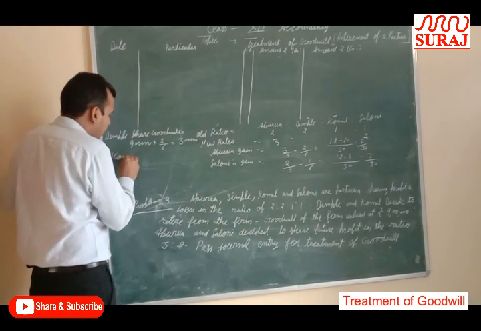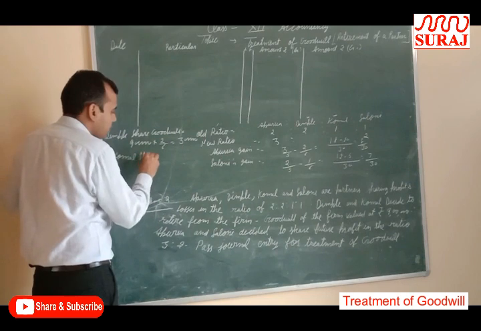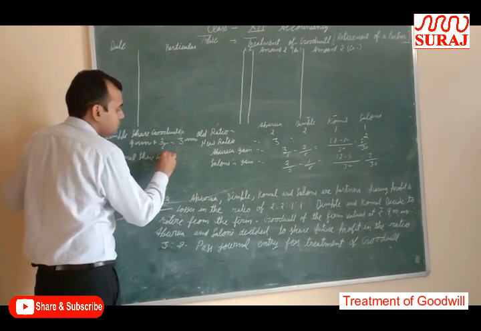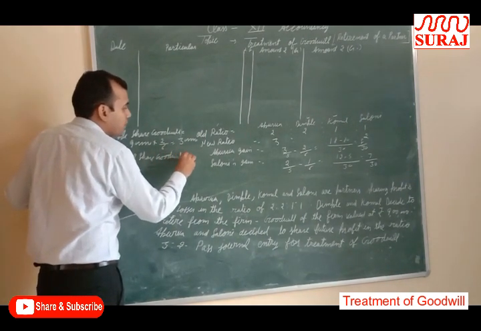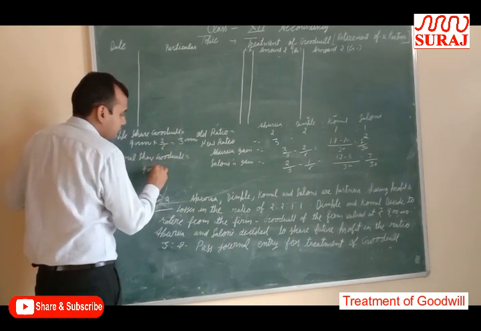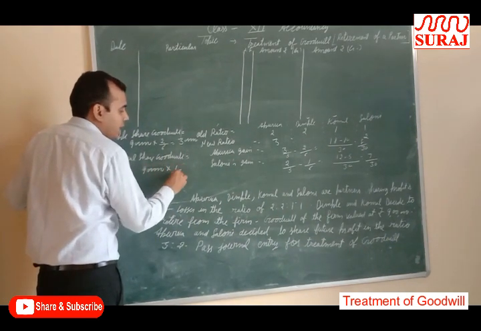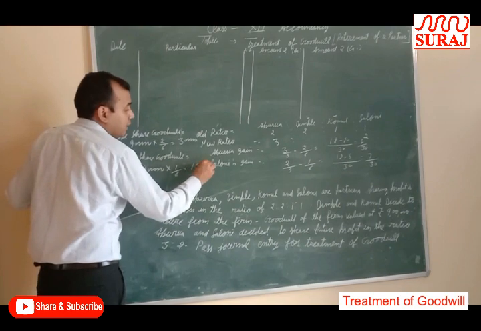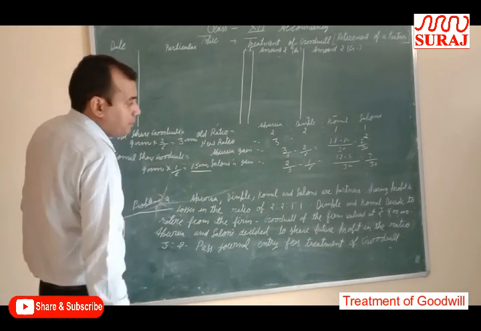Komal's share of goodwill: firm goodwill 9 lakh, Komal's share 1/6, result 1,50,000.